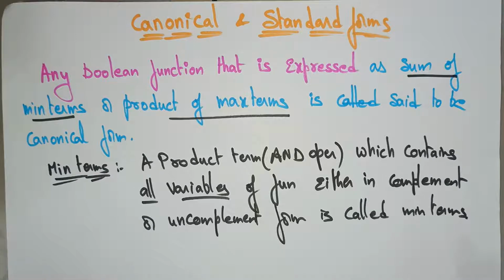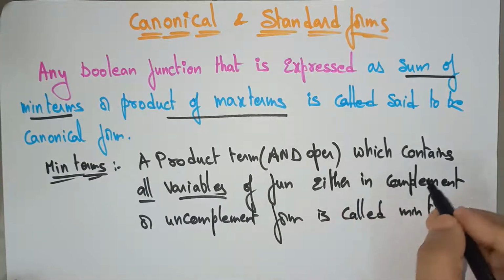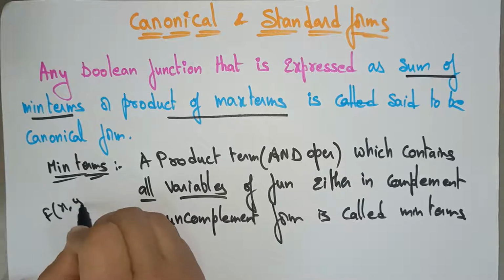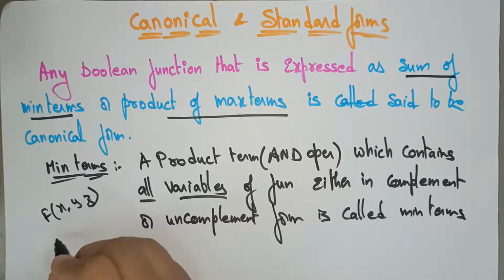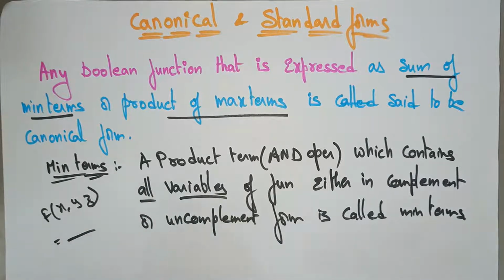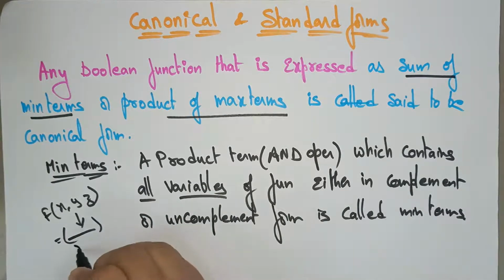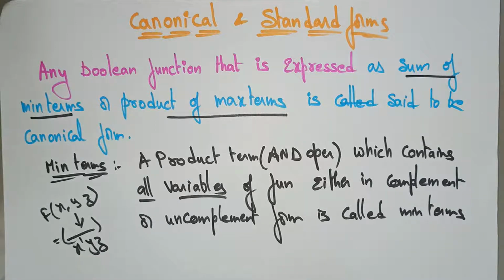So a product term, that is the AND operation, which contains all variables. Suppose a function contains 3 variables, it means a product term should contain all these 3 variables, either in the complement form or in uncomplement form, anything, but all 3 variables should be there. Then you call it a min term.